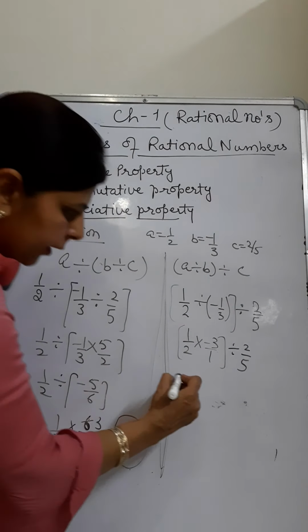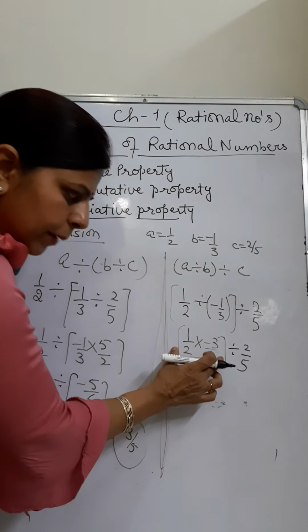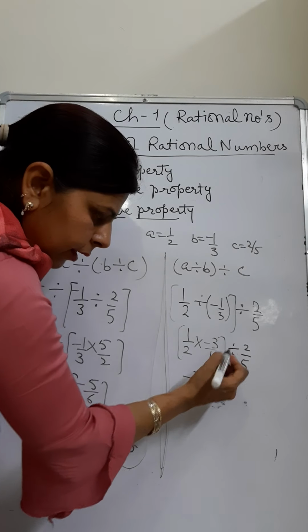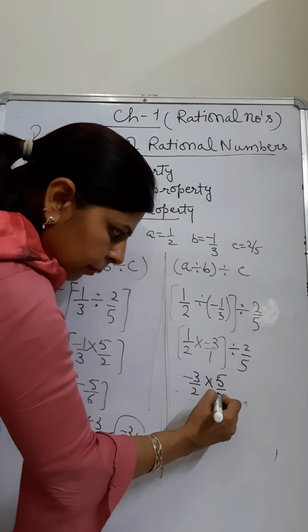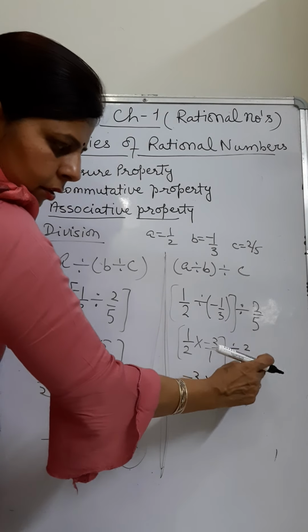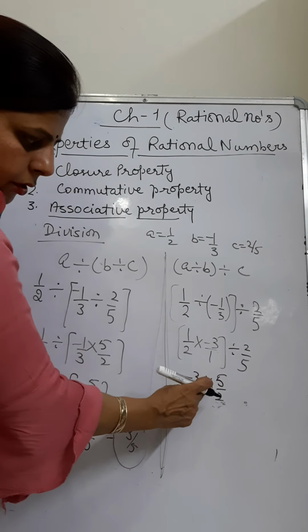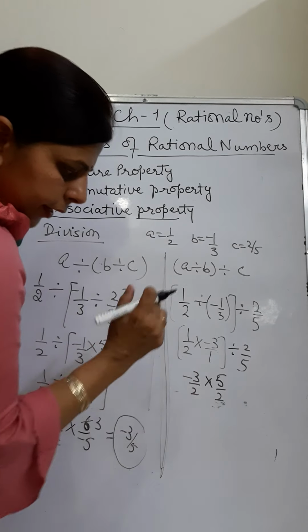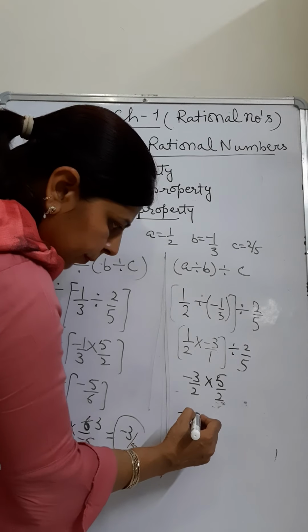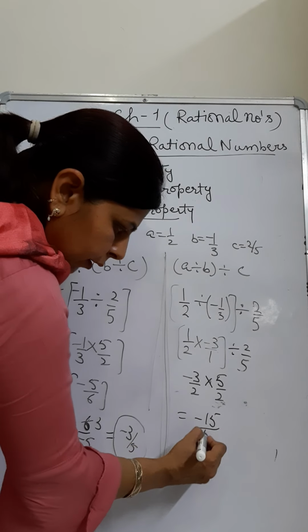Now minus 3 by 2, this bracket is solved, and here the divide sign changes into multiply with the reciprocal of the number written after divide. So what will come? Minus 15 by 4.